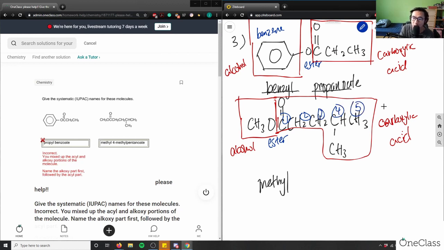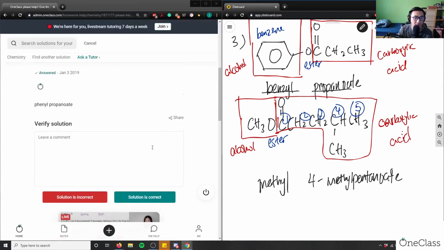So this would be 4-methyl pentanoate. 4-methyl, because the methyl group is bonded on this carbon. And then pentanoate, because I have a 5 carbon chain, and the OATE would be our ester here. So this here is methyl 4-methylpentanoate, the IUPAC name for the second one.